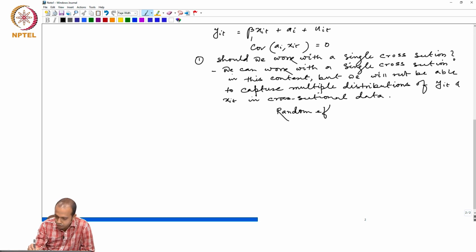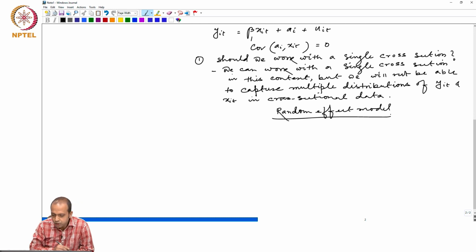In the random effect model, please keep in mind the main assumption: the unobserved effect, the individual specific time constant unobserved heterogeneity, is not correlated with the explanatory variable. That is the assumption.